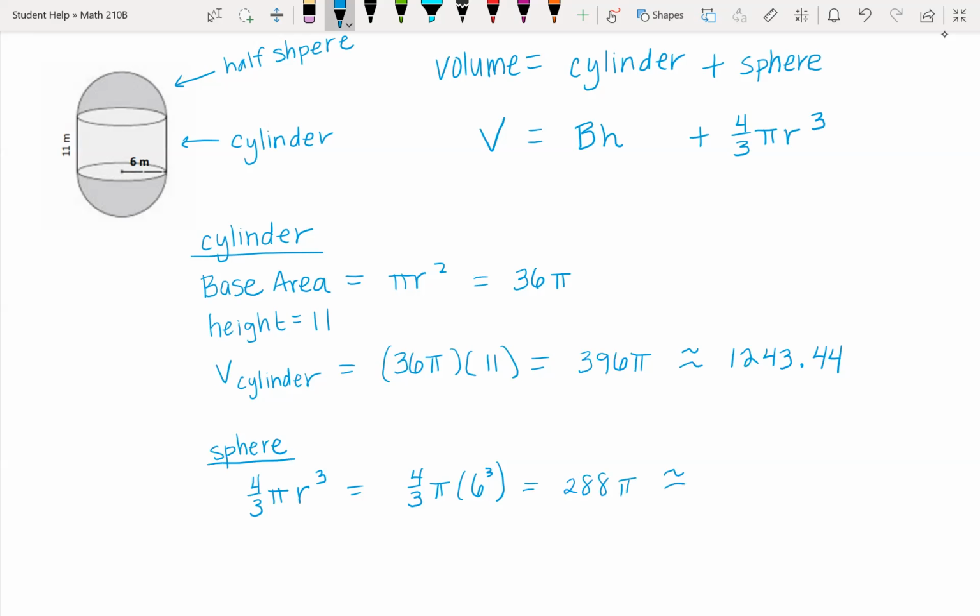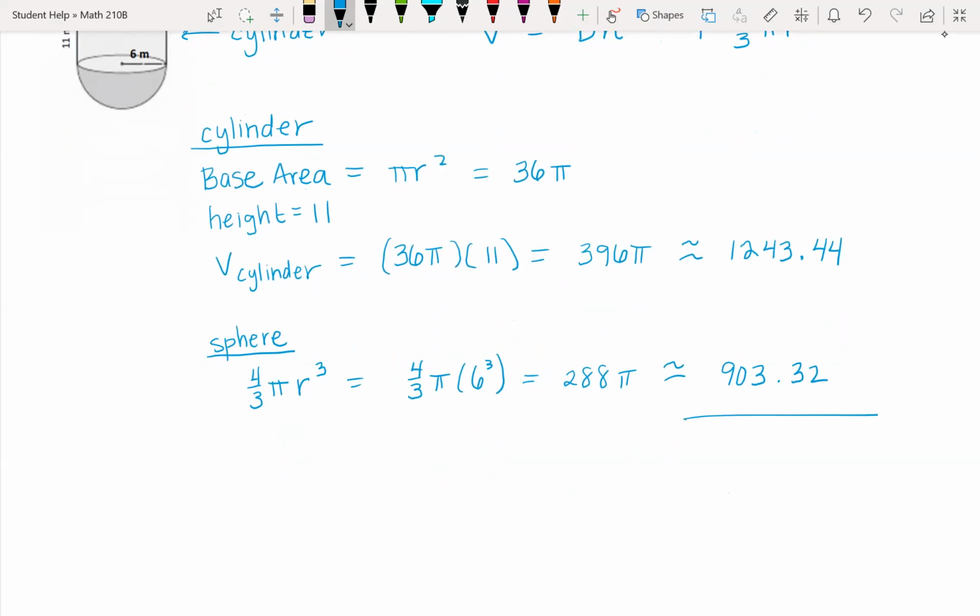If I multiply 288 times 3.14, I get 903.32. And then if I add these two items together, that'll give me my total volume, which is 2,146.76, and the units are meters, so meters cubed.